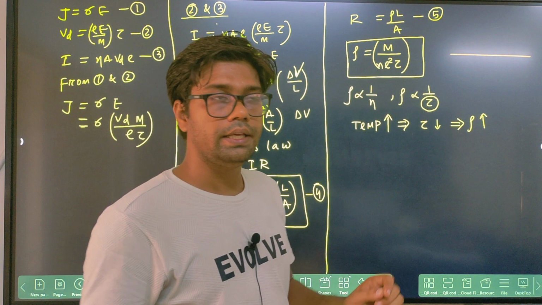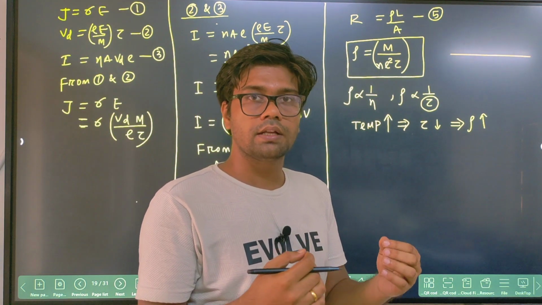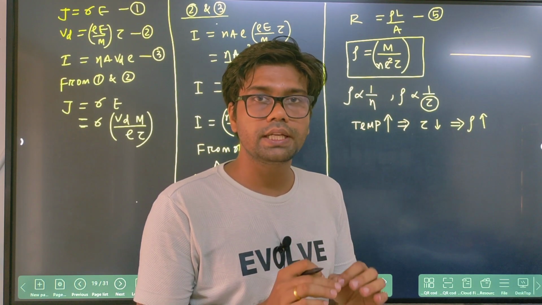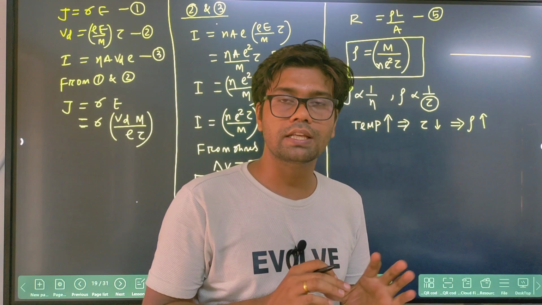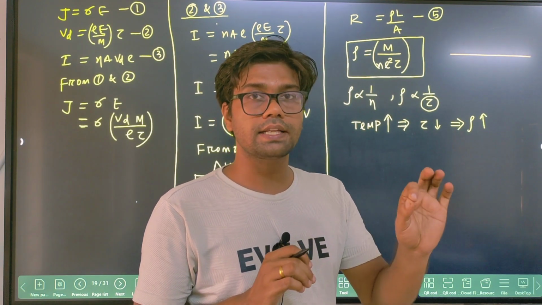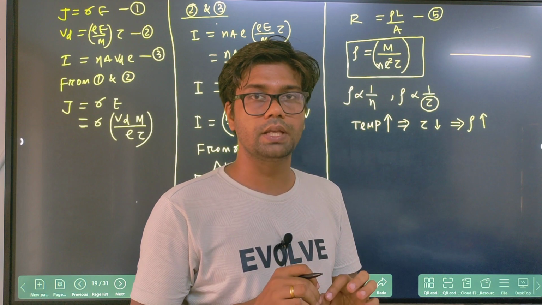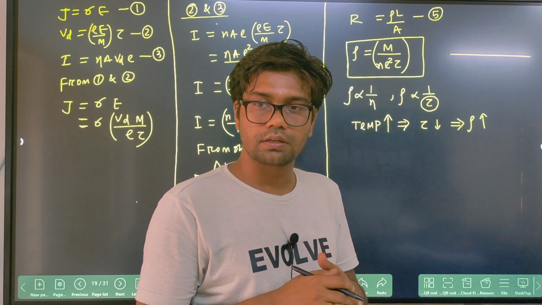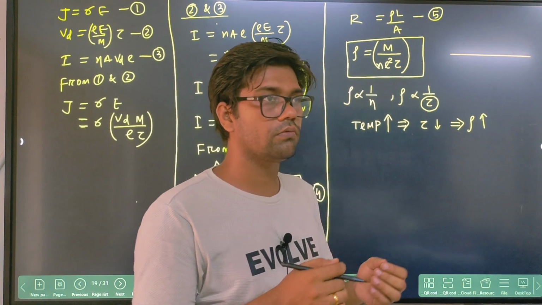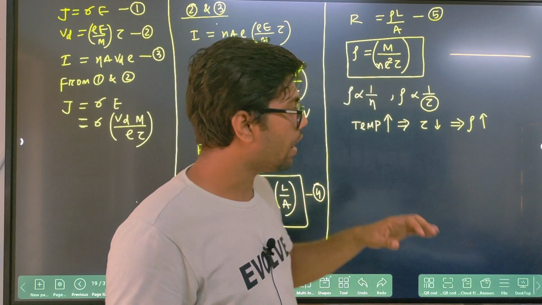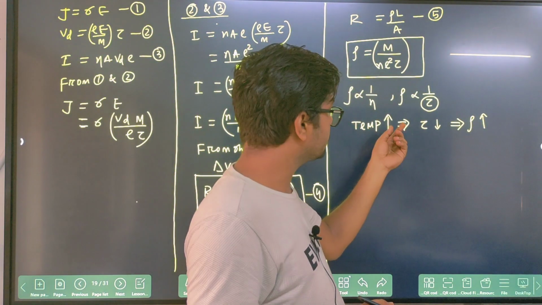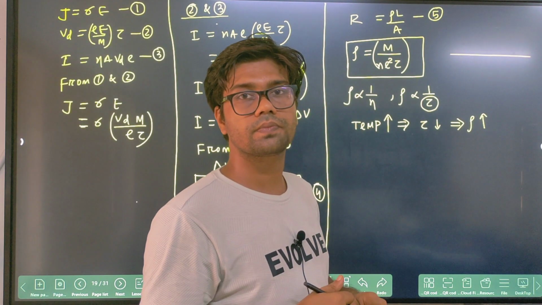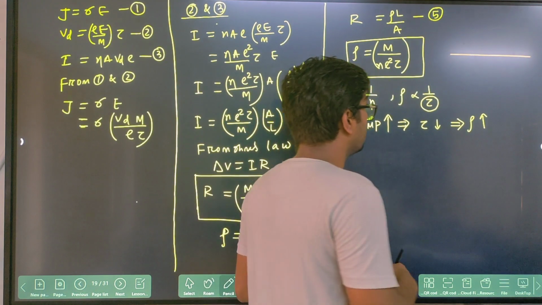Again I am repeating, if you increase the temperature, the speed of the electron in the conductor will increase. Due to the increase in speed, the electron will move faster and collide with the lattice point very quickly. Just as an example, let's say previously it was taking 1 second, now it will take half a second.